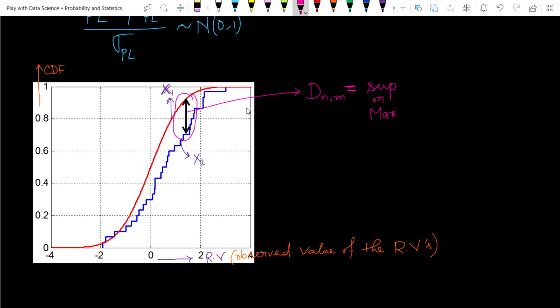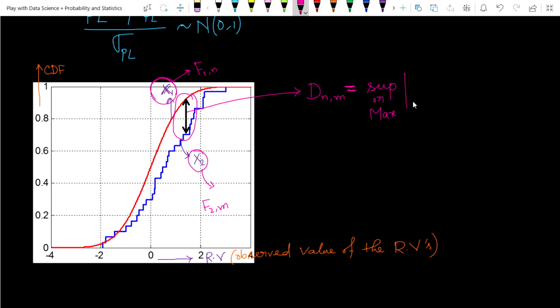From these two random variables, take the first one, x1, and let its CDF be F1,n, corresponding to n data points. For x2, let its CDF be F2,m, corresponding to m data points.